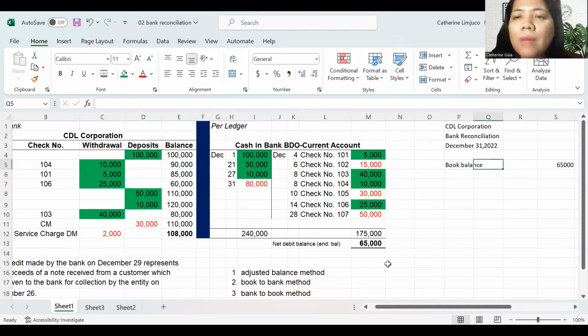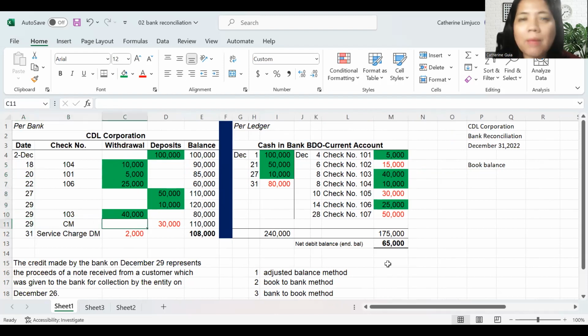So in book balance, what are the reconciling items that we will include? For book balance, the reconciling items that we will include are those items in our bank statement with red fonts, meaning these items which did not reflect in our ledger but were taken up by the BDO. So we have here the 30,000 and 2,000 amount.